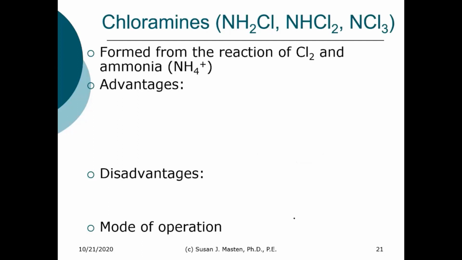Now we also can use chloramines. For instance, the Lansing water treatment plant, the John Dye plant, uses chloramines. These are formed by the reaction of chlorine and ammonia, and that produces monochloramine, dichloramine, and trichloramine.